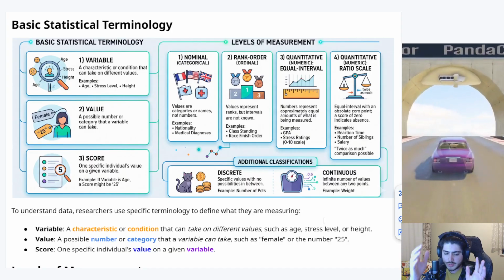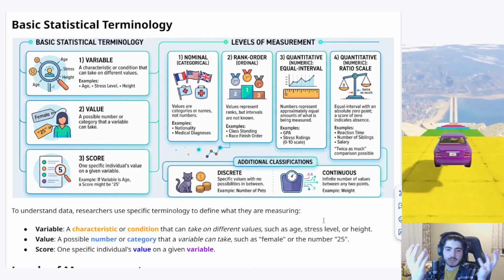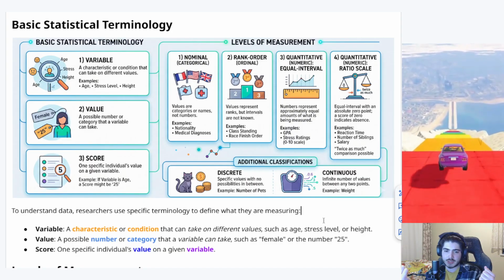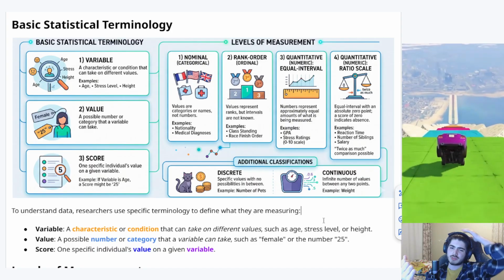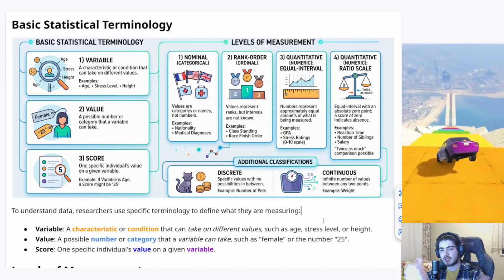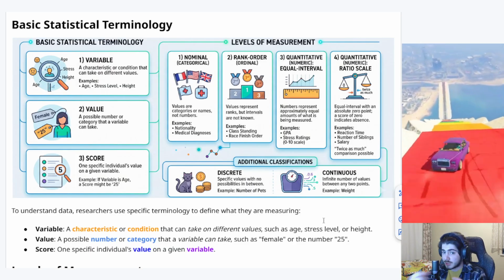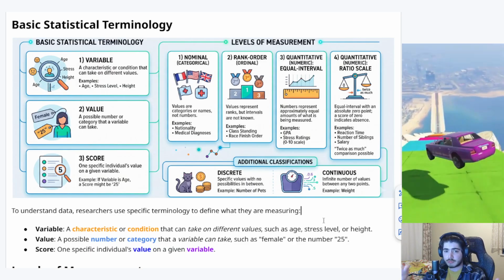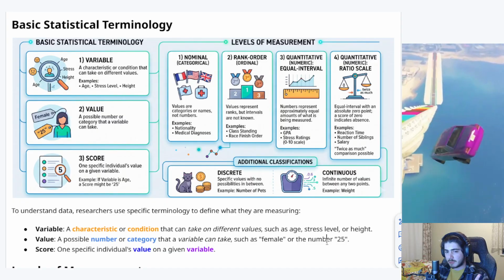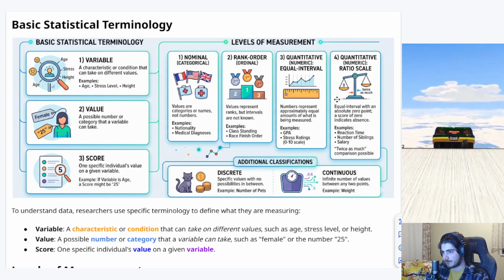For example, when you say a stress level between 0 and 10, that 0 doesn't necessarily mean that you have 0 stress. It just means that you have a perceived 0 stress. But for example, the amount of brothers or sisters, you can have 0 sisters or 0 brothers. So that's a difference between them. If there is an absolute 0 point, then that's a ratio scale.